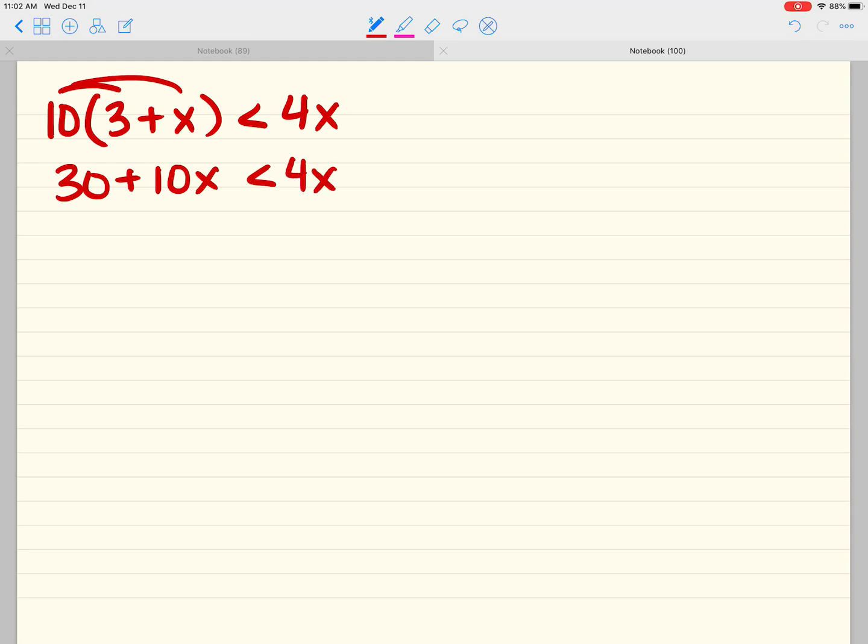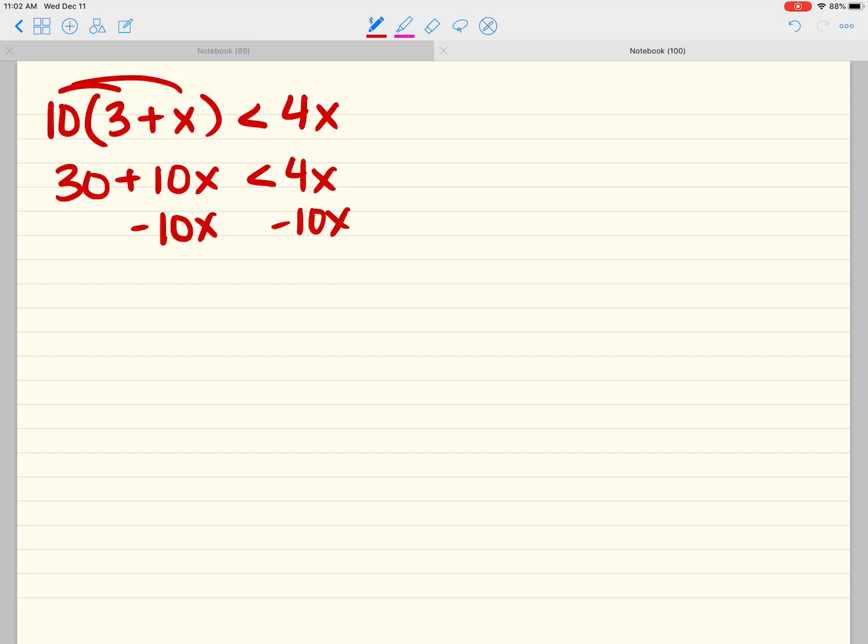Can anybody tell me what my next step would be? Gunnar? Subtract 10x. Why would I subtract 10x? Because like terms. Because everything on the other side already has x. So it just makes sense to go ahead and move 10x over there.